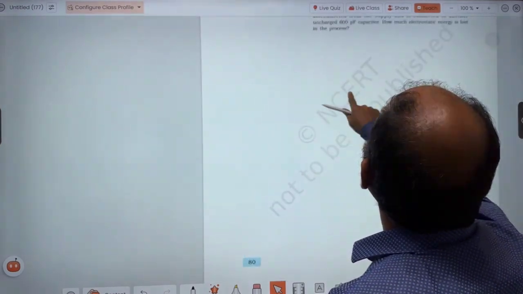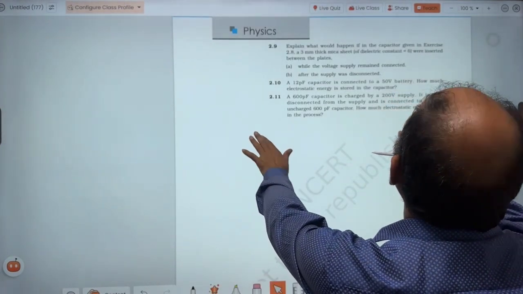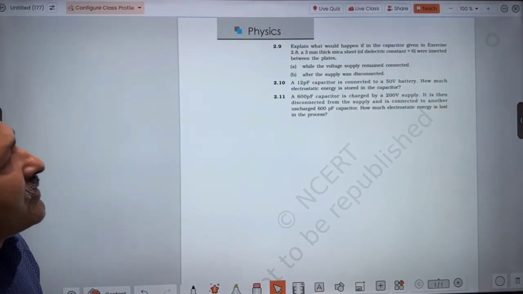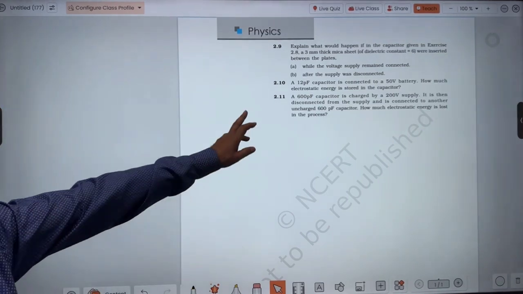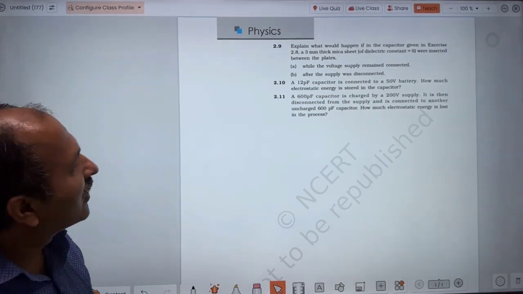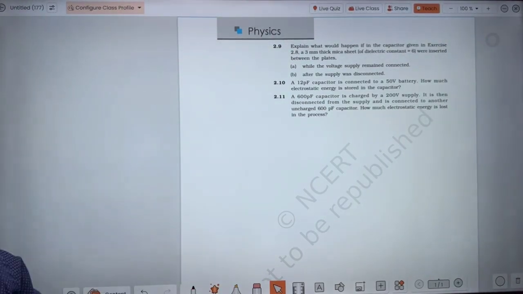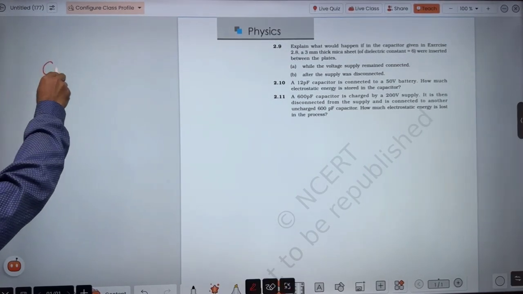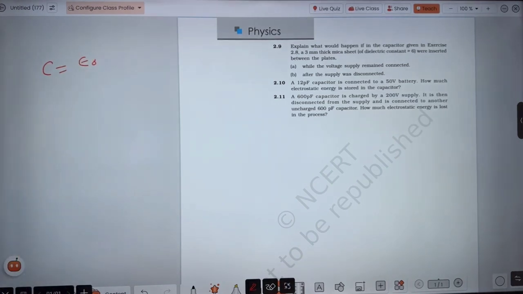So if you remember, capacitance C equal to epsilon naught A divided by D. If the space between the parallel plates is filled by a dielectric of constant K, C dash will become epsilon naught A upon D times K. Right.